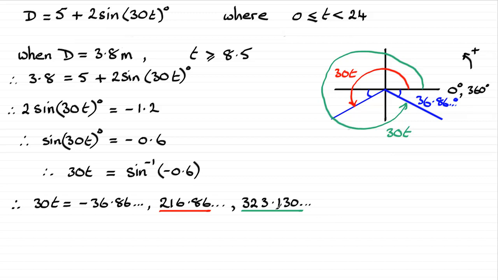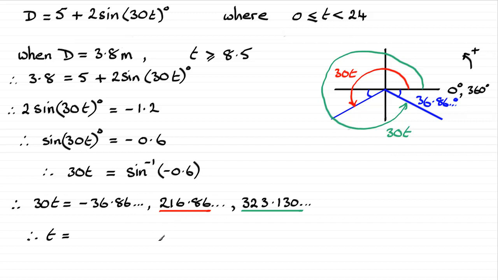Now we need to divide each of these values by 30. It's silly dividing the negative one by 30 purely because time's got to be greater than 0. So let's have a look, see what we're going to get for t. We'll forget about that one, that's going to be no solution really.